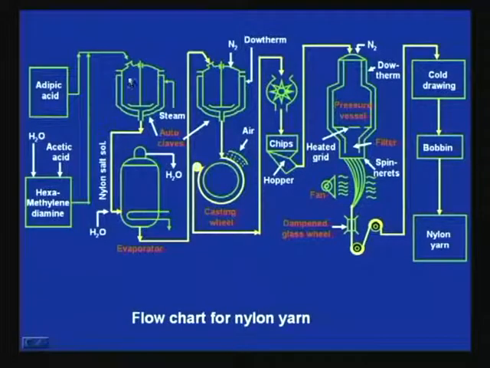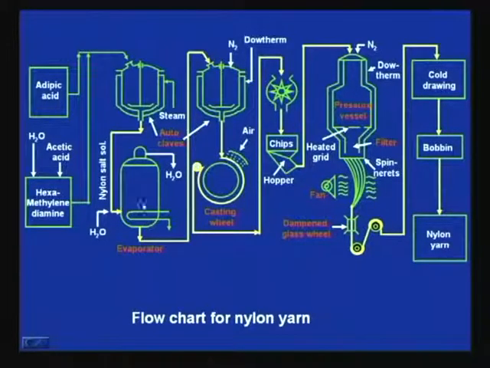Now, if you consider this as a reactor where salt is formed, then that is transferred to another evaporator where water is removed from the solution or it is filtered.